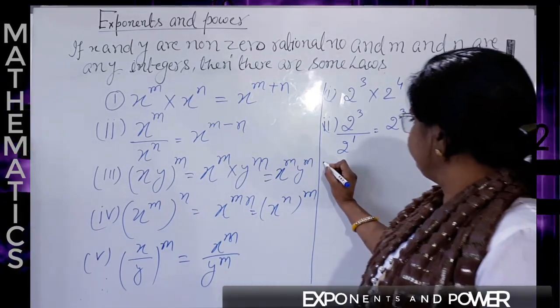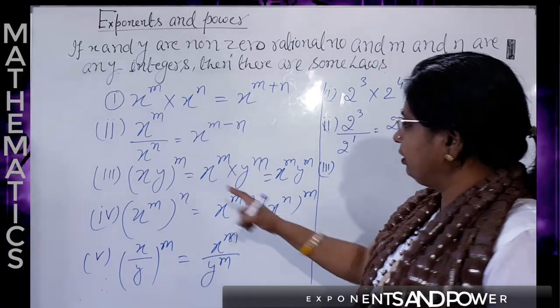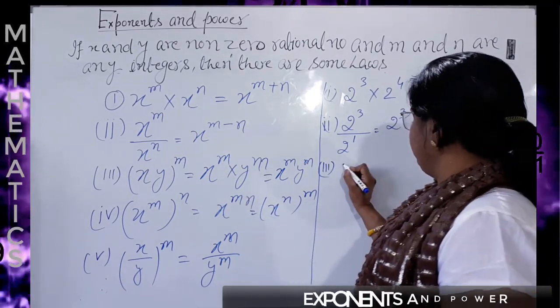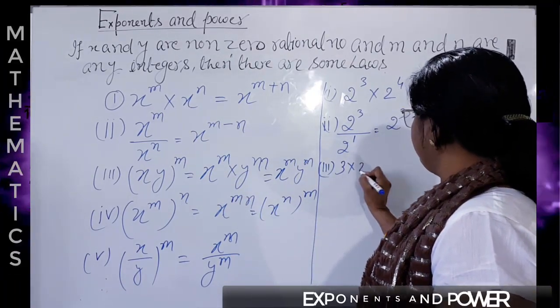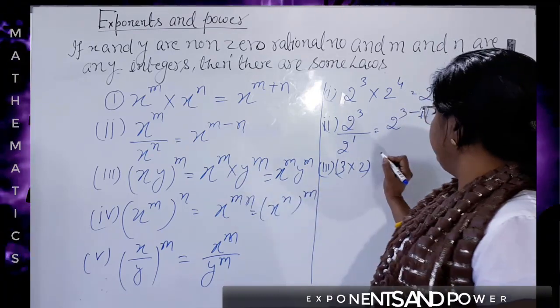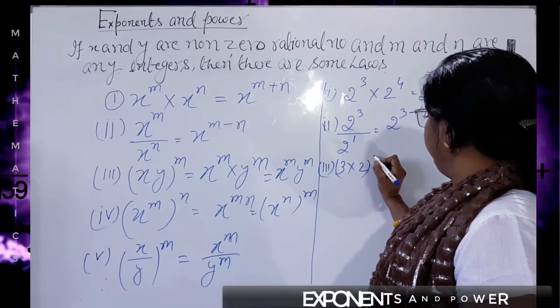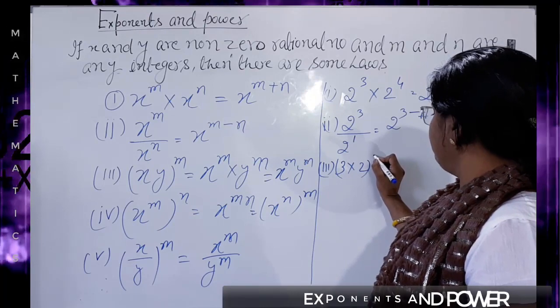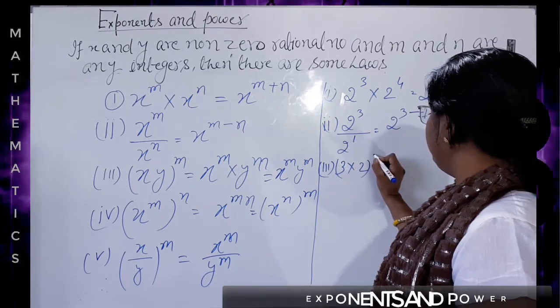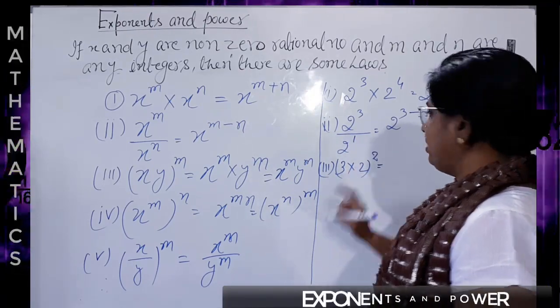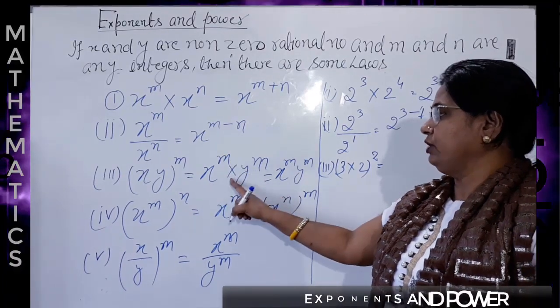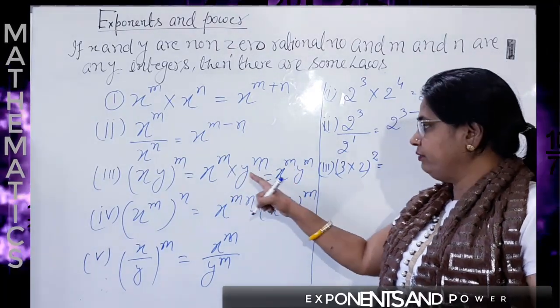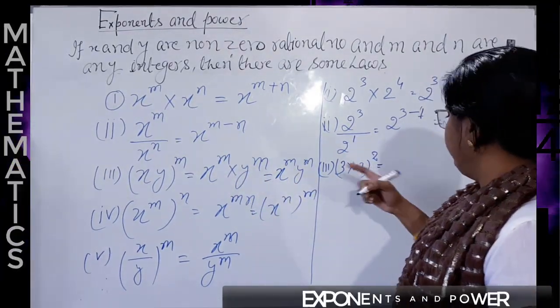Now third law. Suppose I am taking 3 into 2 to the power 2 is equal x to the power m into y to the power m, individual both rational number raised.